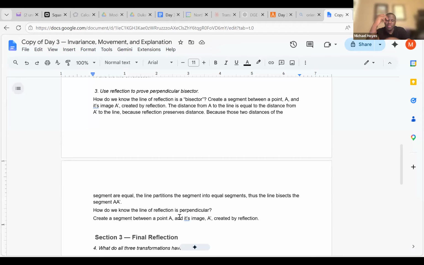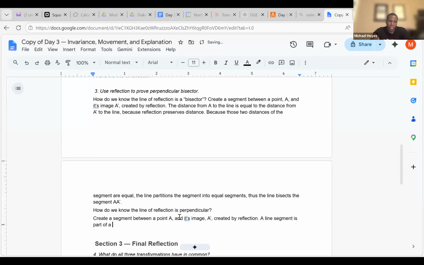A line segment is part of a line, right? By the name, a line segment is part of a line. A line has an angle measure of 180 degrees. Do you agree with that? Yeah. All right.